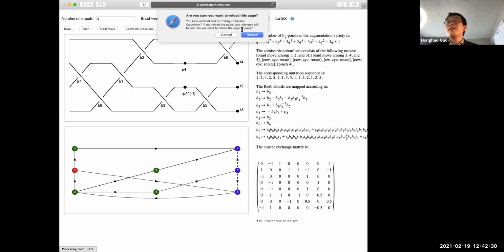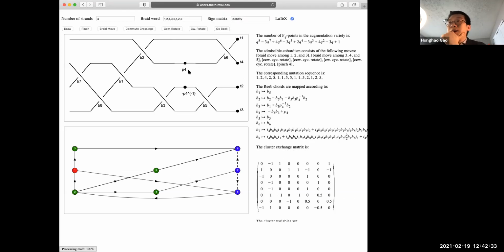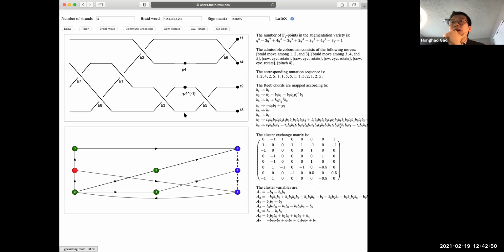Sorry, it's a little bit delayed, but I just pinched this crossing. And let me pinch here. Sorry, my computer is not powerful enough to do this in real time.